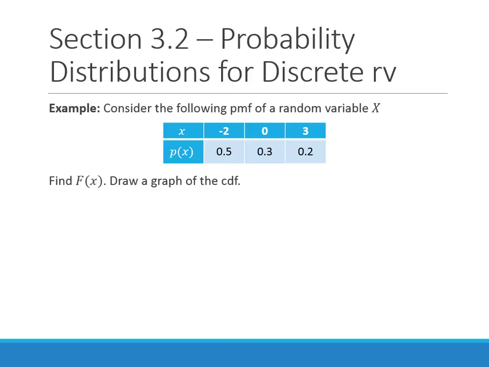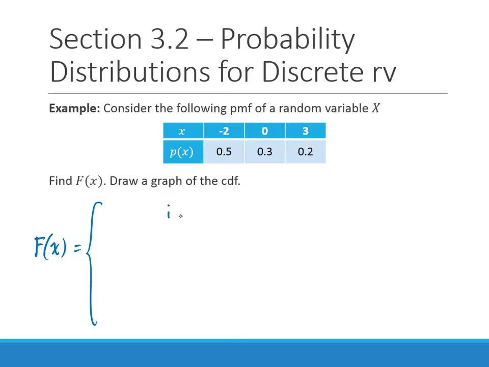And we want to find the CDF of this random variable, and then also we can draw a graph of it. Okay, so remember, for each number x, capital F of x is just the probability of being less than or equal to that number. So we can set up our CDF as equal to some list of things here.